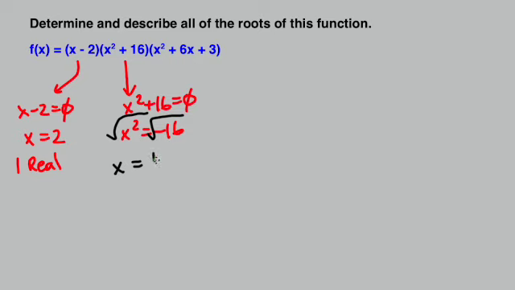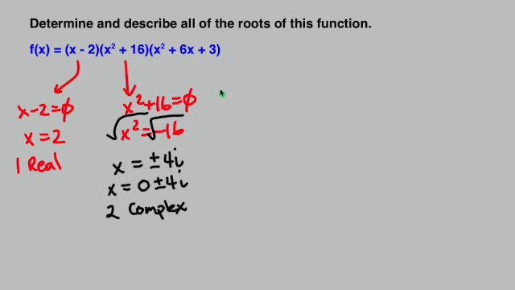It'll be plus or minus 4, just like if it were 16, but it has an i here. Or if you want to write it more like a complex number, you could write 0 plus or minus 4i. Once again, we have a pair, what's called a conjugate. One is 0 plus 4i, and the other is 0 minus 4i. So these are two complex roots.